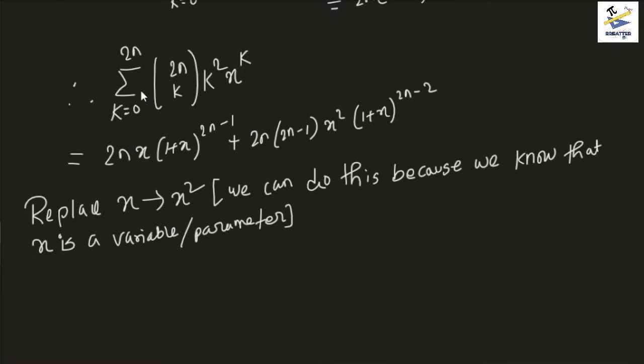Yes, obviously you can change n to 2n or n square, and then every n in the equation will be changed. But we cannot differentiate with respect to n, because n is a fixed value after all. You can change the value of n, but not really vary it. So x is a variable here, and we can differentiate with respect to x. We can integrate with respect to x. So obviously we can also replace x by x square.